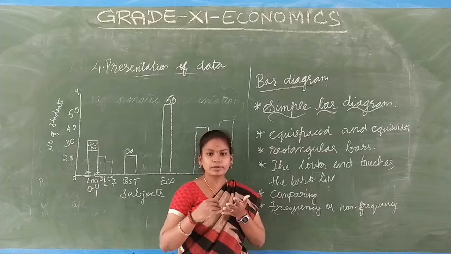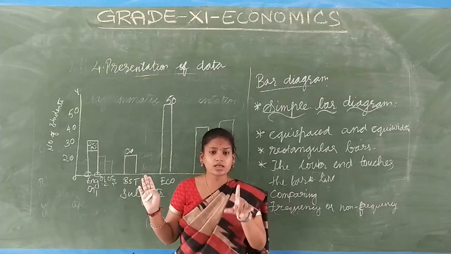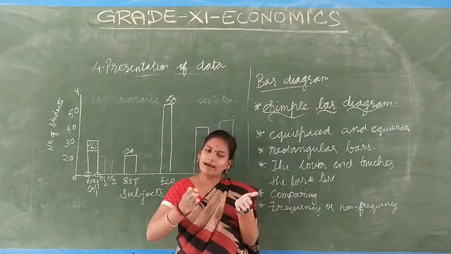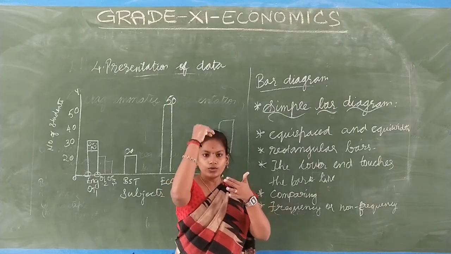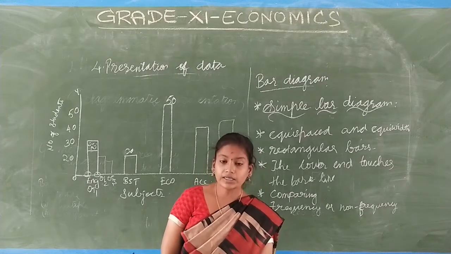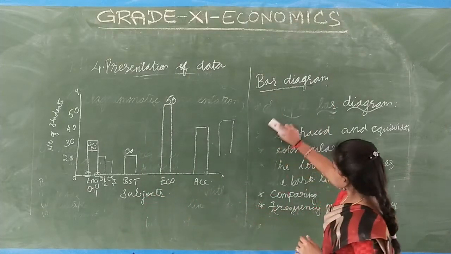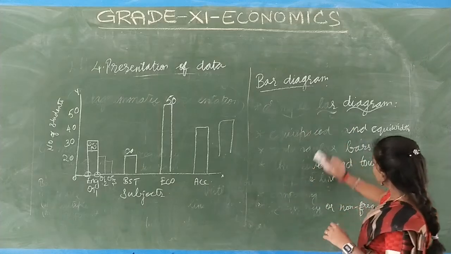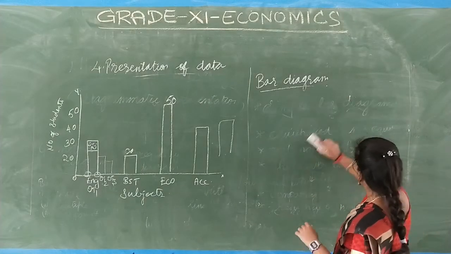When you have the simple bar diagram, you will have only one bar representing each class. Multiple bar diagram, you will have more than one component. In the same bar, you will divide it and explain it. So now we are going to discuss multiple bar diagrams. What is the second type of bar diagram, children? Multiple bar diagram.